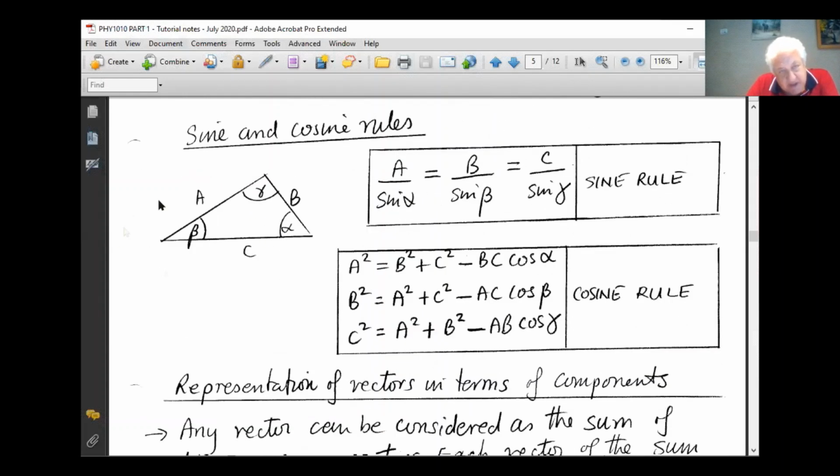Now I'll just mention the sine and cosine rules, and we're not really going to use them because we're going to prefer to do our calculations in a much more convenient component form, to which we will come.